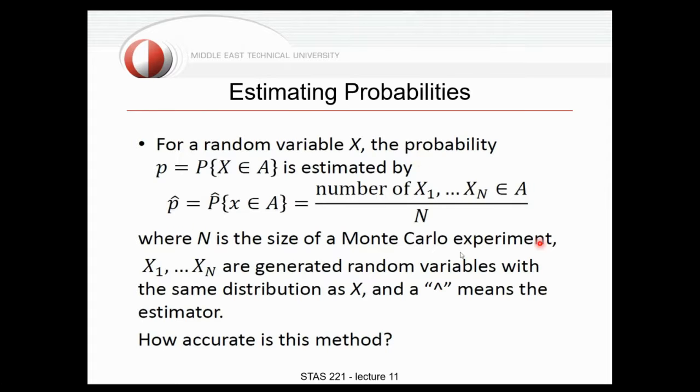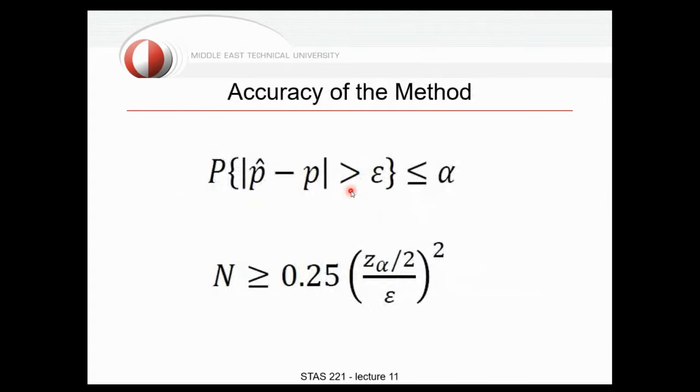As soon as you understand this part, we should know how accurate such a method is. So here you can see this probability should be less than or equal to the significance level. So you define this based on the significance level. That's nice. It's like constructing a confidence interval. So now everything looks much better as soon as you have this significance level. So at the end, you can report this is, for example, 95% accurate. This is 99% accurate.